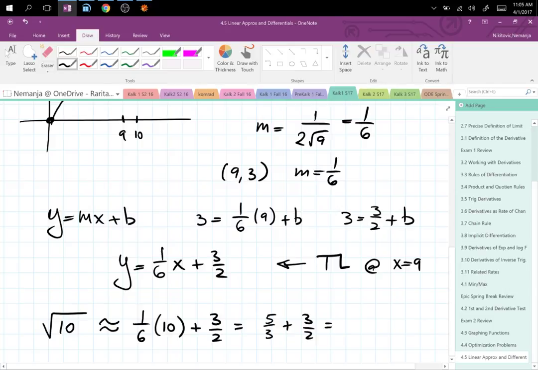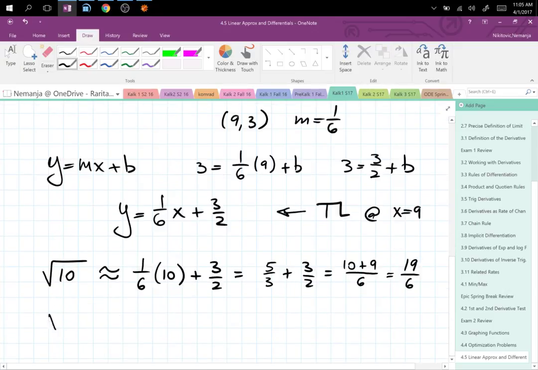That's 10 plus 9 over 6, 19 over 6. So my claim is the square root of 10 is close to 19 over 6.